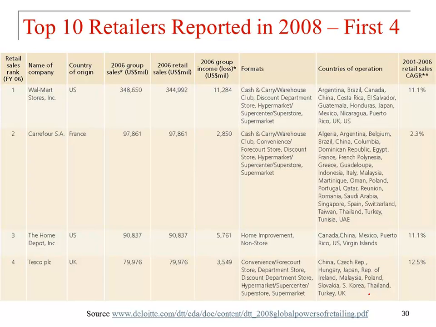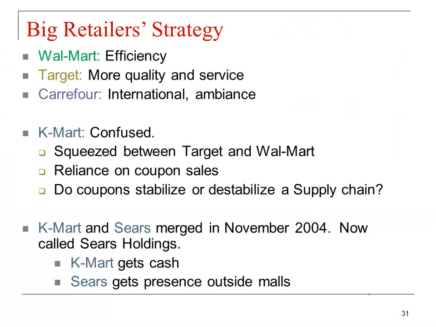Next we have Home Depot. These two come from the international side. We have a couple from the United States, another one from France, another one from the United Kingdom. So this gives you an idea of how important this is.